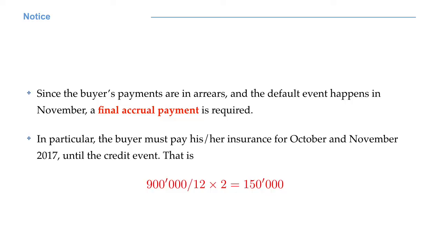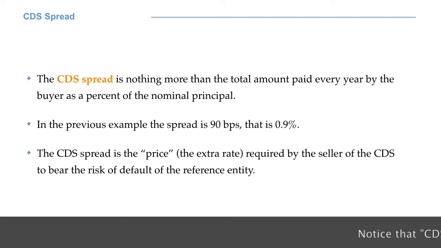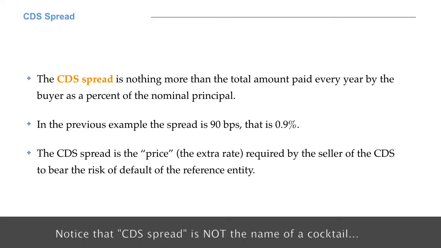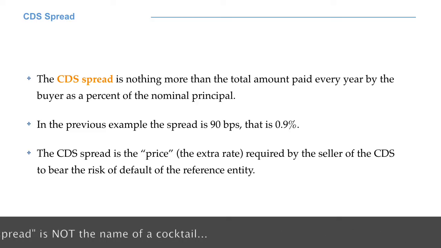Since November 20 is 2 months after the last payment of the buyer on September 20, the buyer is supposed to pay a last accrual payment, in our example something like 150,000 euros. By definition, the CDS spread is simply the total amount paid every year by the buyer as a percent of the nominal principal.